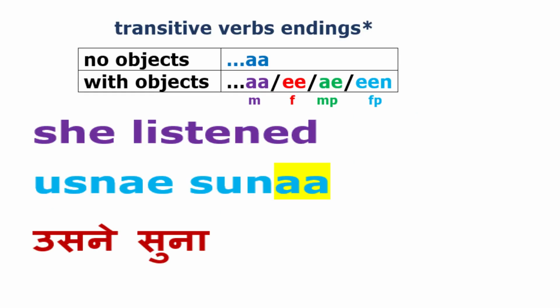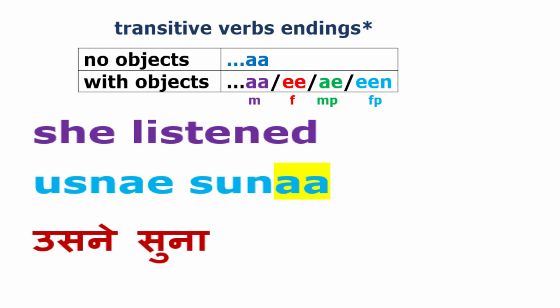The next phrase is she listened. Usne suna. Why? Because there is no object, and so it is usne. And as I told you before, it is not possible for you to understand if you're talking about she, or in this phrase it can also be he. So for he and she, it's always usne suna, because in an intransitive verb, we can make out who we are talking about, if it's masculine or feminine, because it agrees to the subject pronoun.